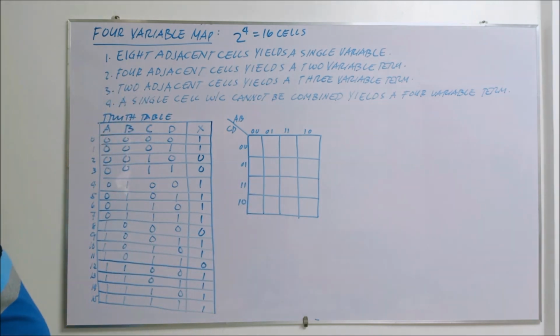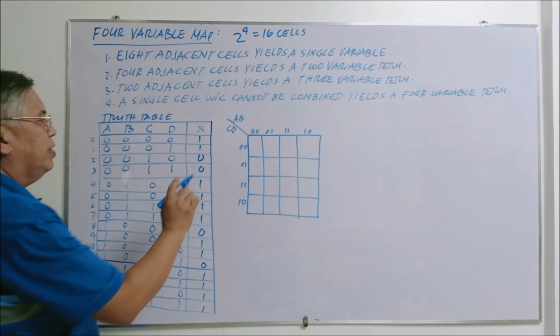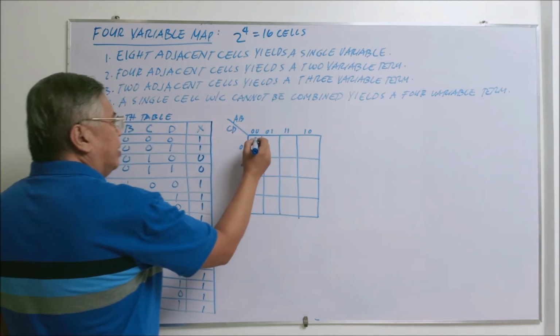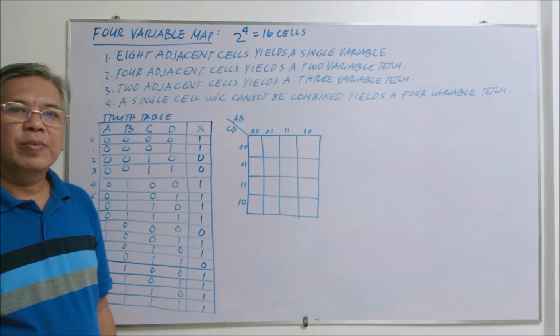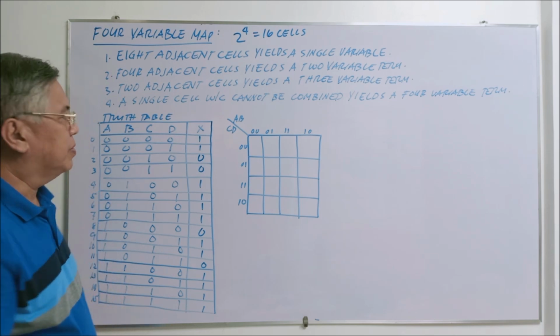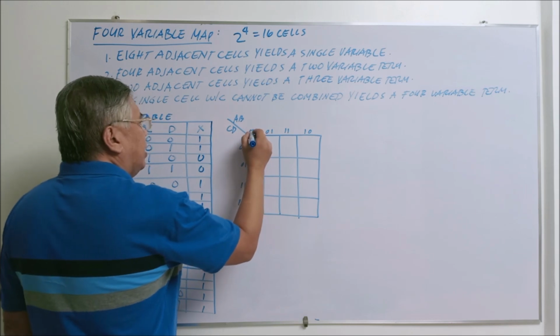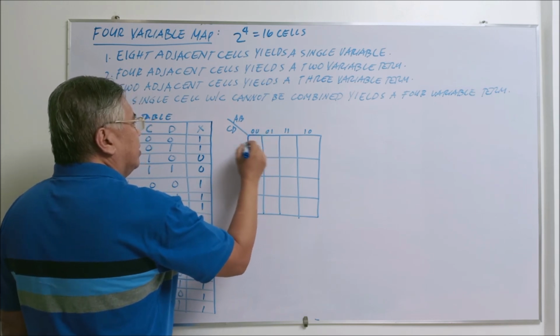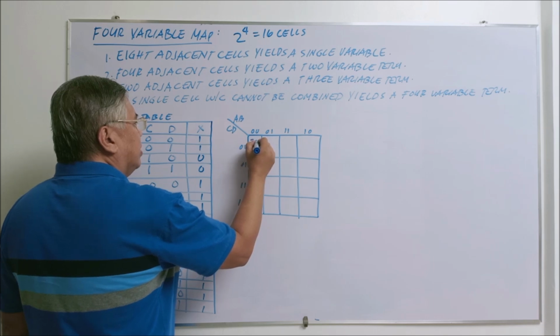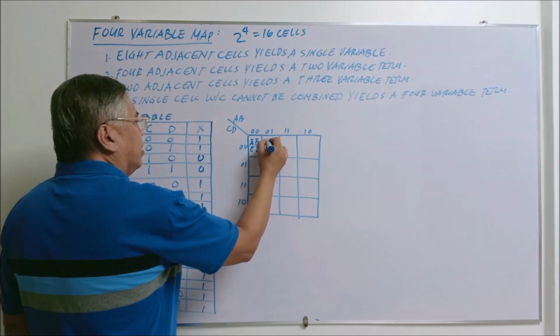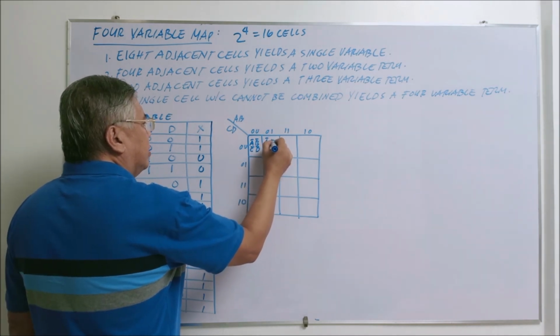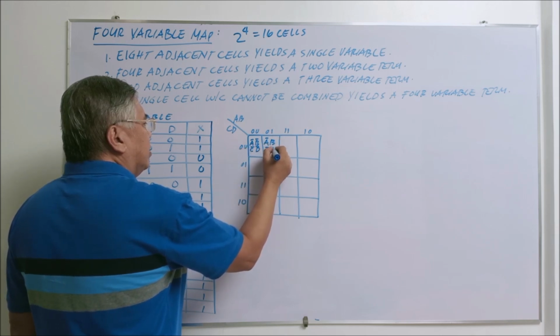Then all we have to do now is to determine the value here of your cells. So you have A, B, C, D. Let's say we obtain what we call the product terms of the map. A is 0, B is 0, C is 0, and D is 0, so you have A bar, B bar, C bar, D bar. Then A bar, B, C bar, D bar.